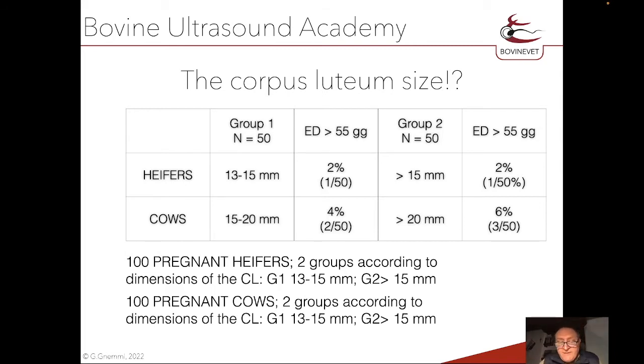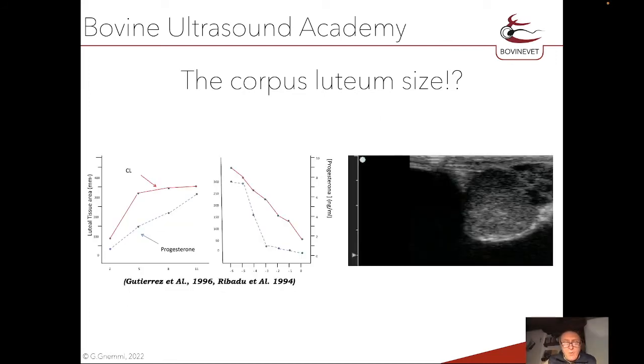And in the presence of a gestation with a small corpus luteum, there is no scientific evidence that direct or indirect progesterone supplementation reduces the risk of gestational losses. Direct supplementation with intravaginal device or indirect supplementation with GnRH or hCG. Well, during the metaestrus, the level of the progesterone produced by the corpus luteum is very low.